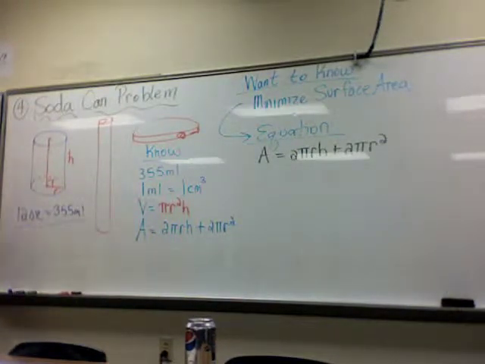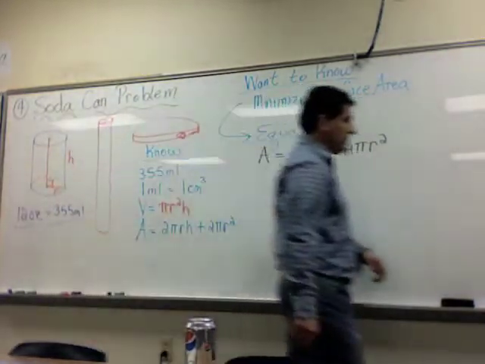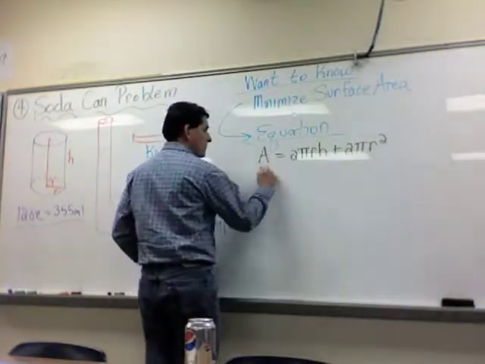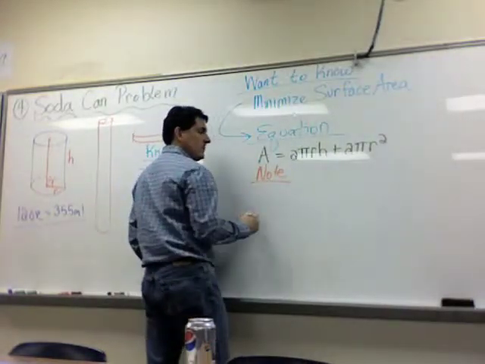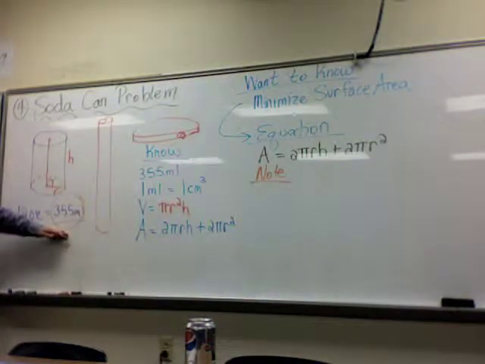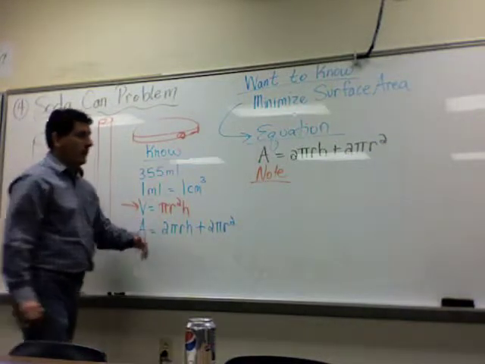Sweet. Very good. Excellent. He says solve the volume for H. Watch this. This is really good. So here's a little side note. The volume has to be 355 milliliters. That's called a constraint or a restriction. The volume is also pi r squared h.